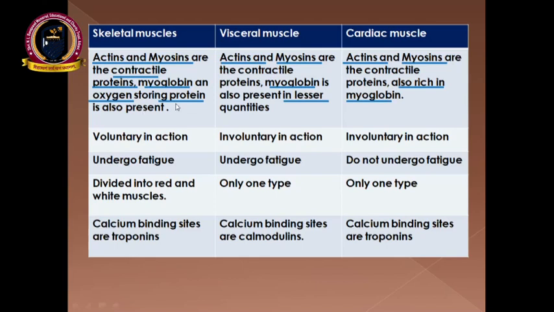So this myoglobin protein stores the oxygen and provides the oxygen whenever it's needed for generating the energy inside the muscles.